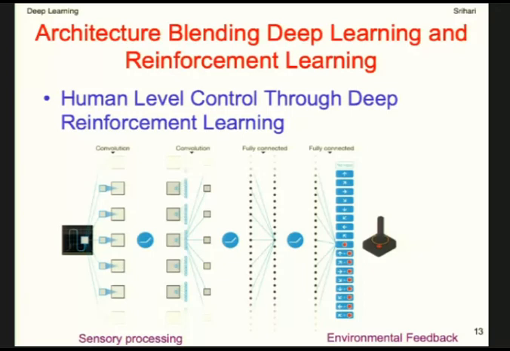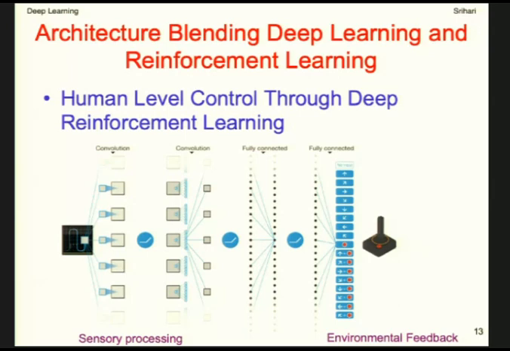Some of you, I think, would be interested in deep reinforcement learning. And what does deep reinforcement learning look like? It is really just sensory processing. If you've got some video, images, things like that, a game playing program, all of that sensory processing is going on here. And then this is a very standard environmental feedback thing with a reinforcement learning type of setup.